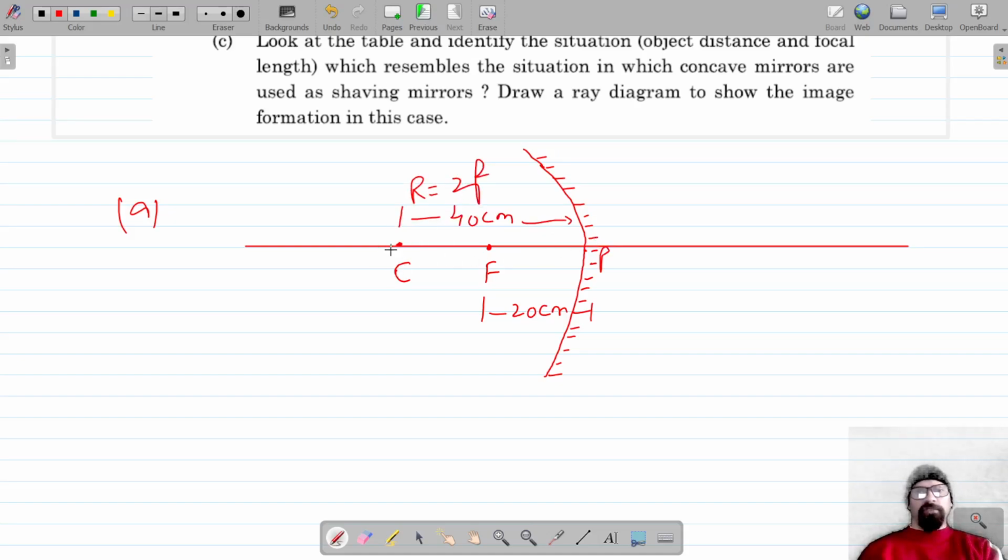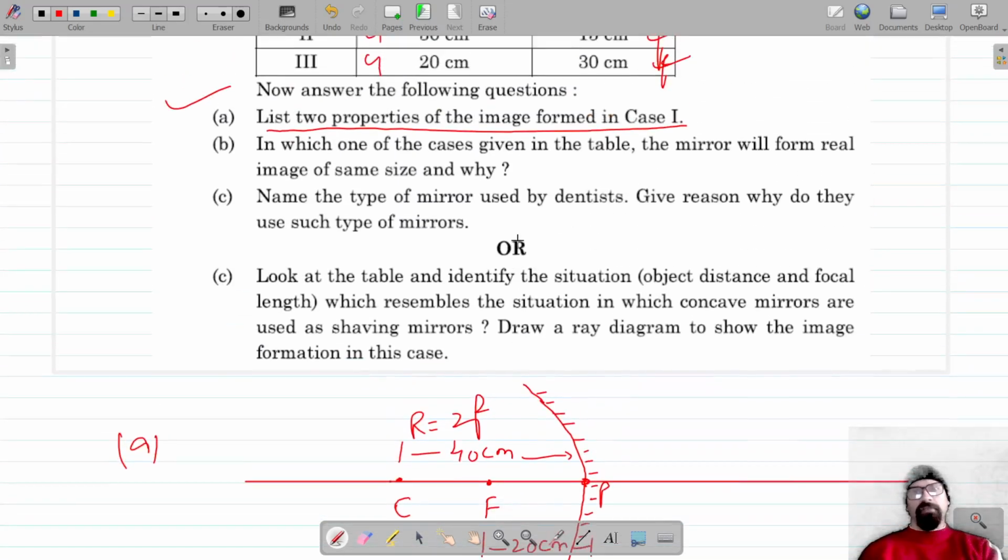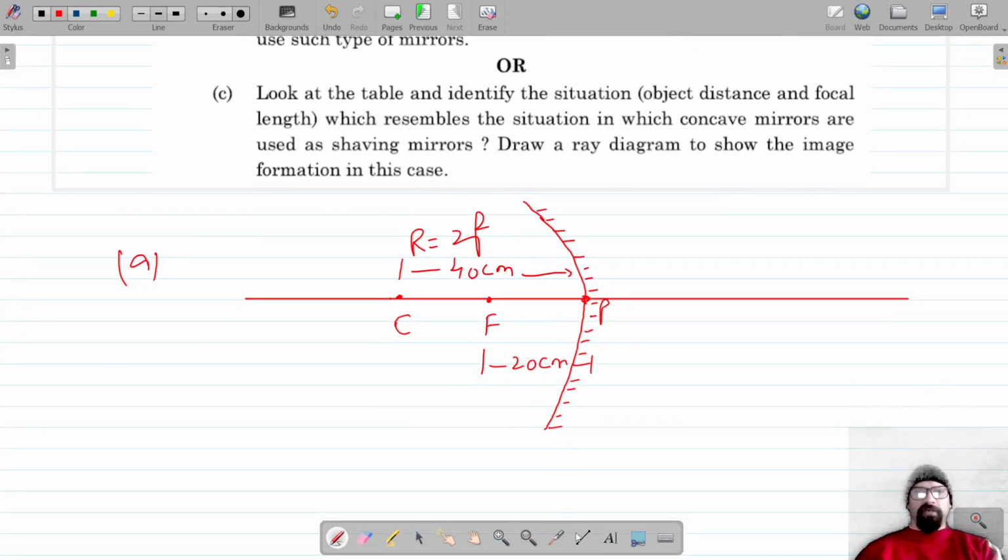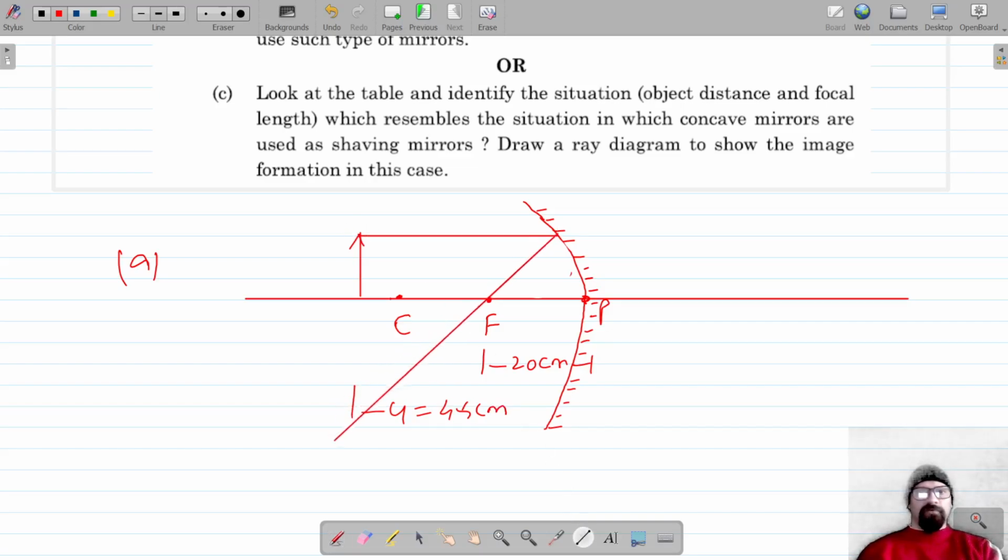The distance between the pole and the center of curvature is the radius of curvature, but the object is placed at 45 centimeters, so it's beyond the center of curvature. This is where the object is placed. Let's draw the ray diagram. This is the object distance u, which is 45 centimeters. The ray going parallel to the principal axis will come out through the principal focus like this.